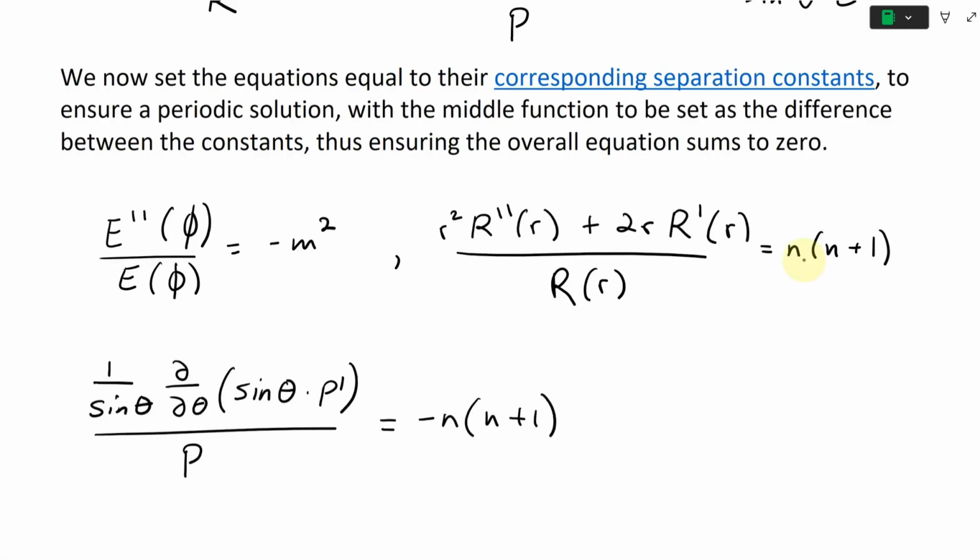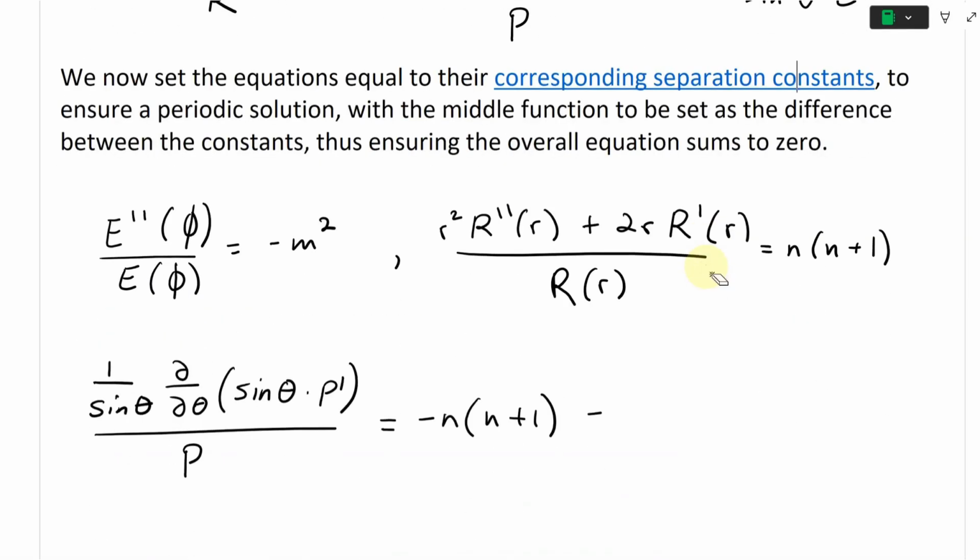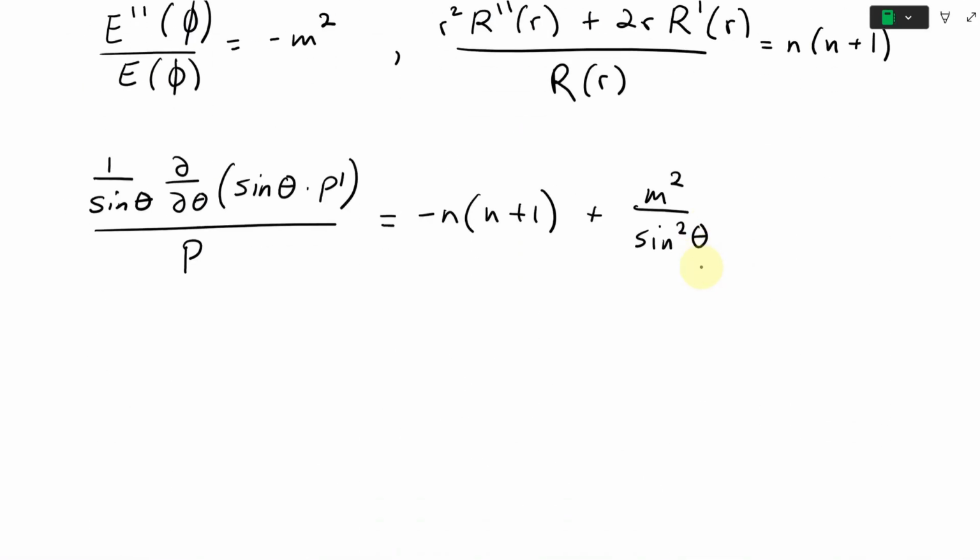And then the next one, well, minus, but it needs to all equal 0, so we have to include this 1 over sine squared, because this one is the negative m squared. So basically it's going to be negative m, but then we're negating that, so it's positive m squared over sine squared theta.